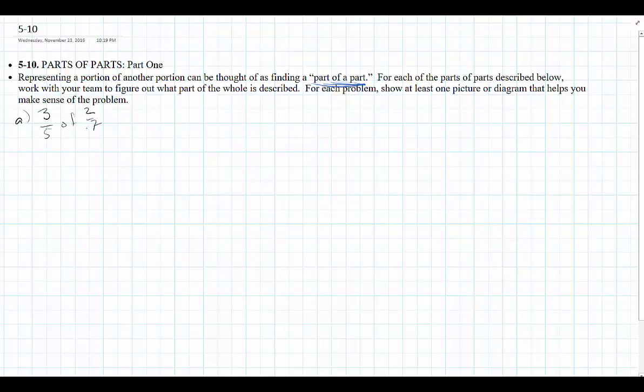So 2/7, this is the original amount. Okay, so let's go ahead and draw a diagram for that. And you know what? For this one, I like doing Sonia's, so I'm gonna go ahead and work on Sonia's. Let's see, 2, 4, 6, 8, 10, 12, 14.